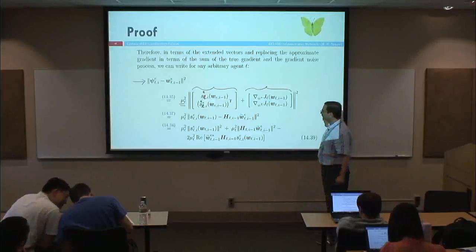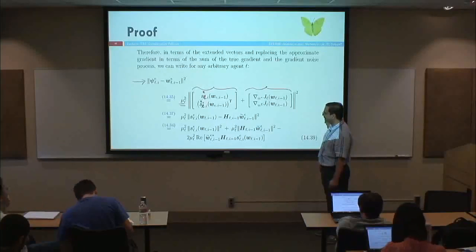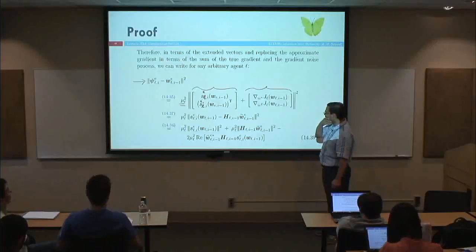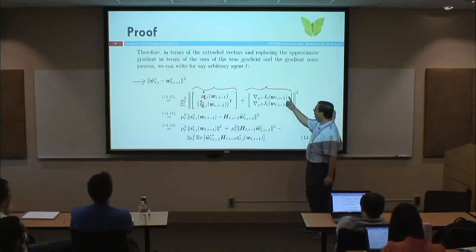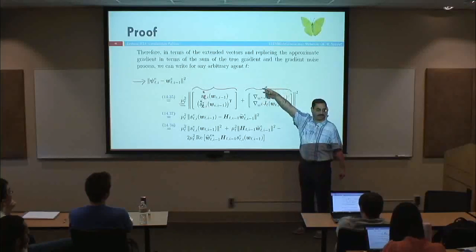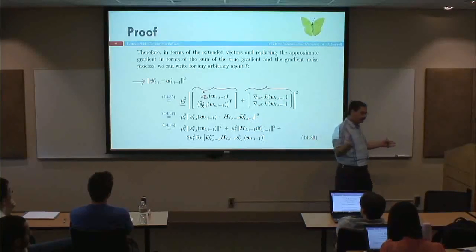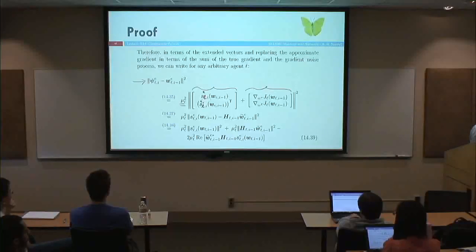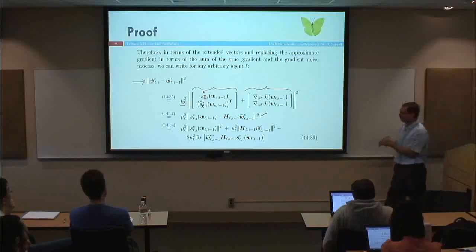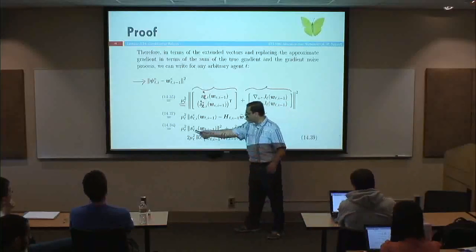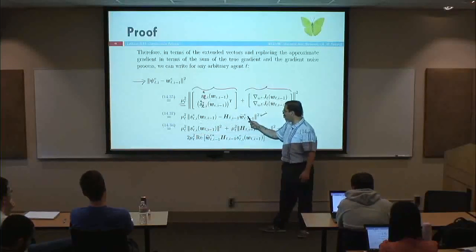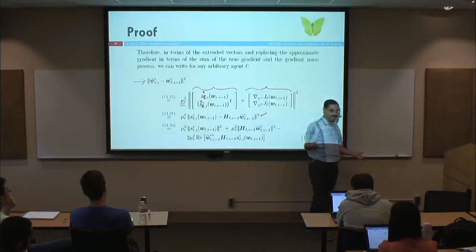Now, what else? Well, this true gradient, I just used the mean value theorem to show it is H times W tilde, right? So far, so good, okay? Now, expand this. This is a quadratic term, right? So you'll have the step size squared times the square of this, and then the cross terms, correct?